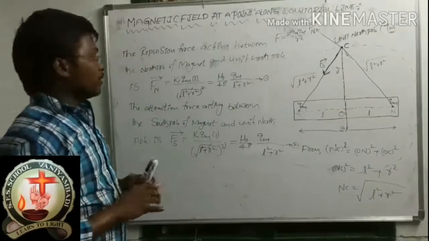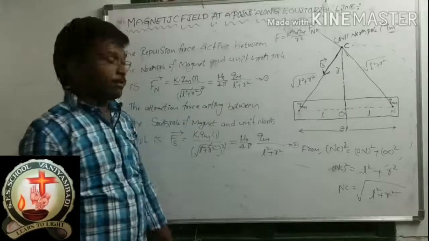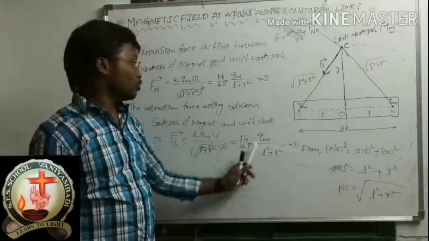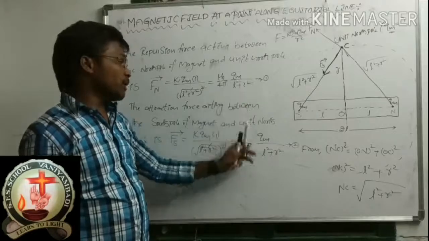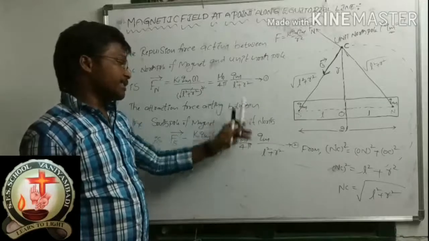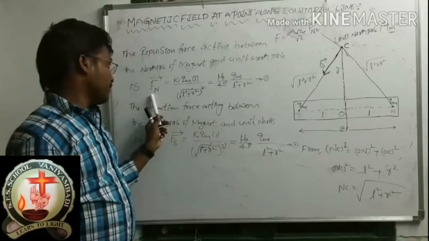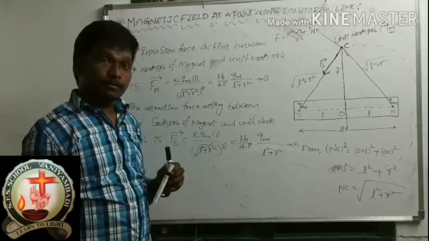Can you observe equation 1: mu naught by 4 pi Qm by L square plus R square? Equation 2: mu naught by 4 pi Qm by L square plus R square. Both are same. RHS of equation 1 and 2 is same. RHS means Fn is equal to this value and Fs is equal to this value. Both are same.